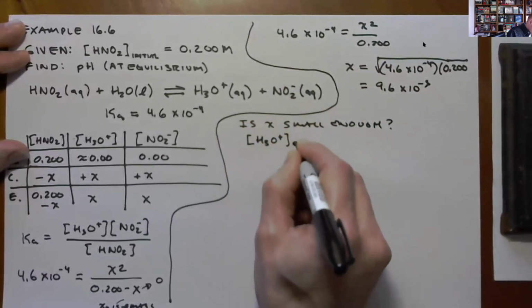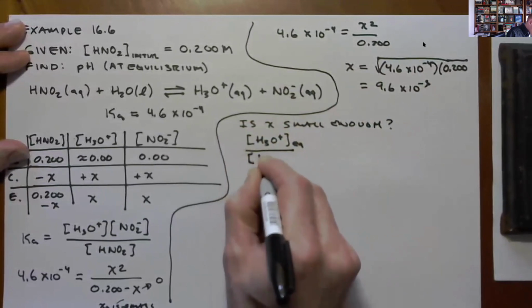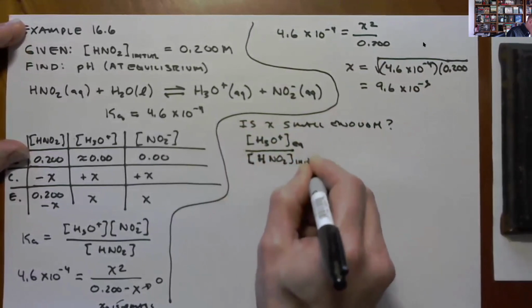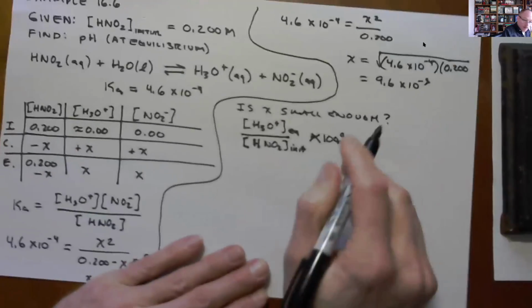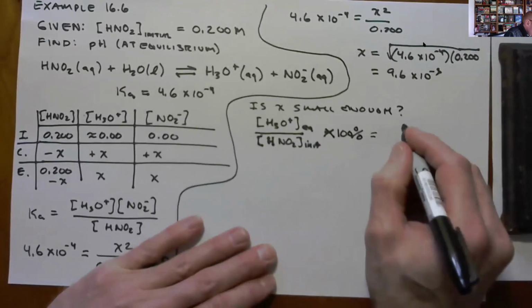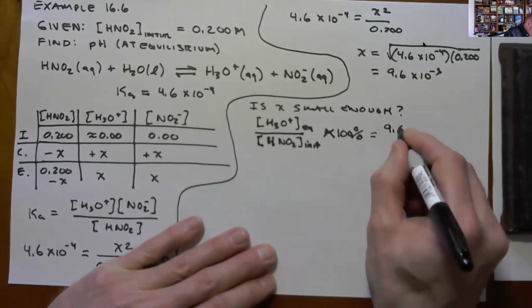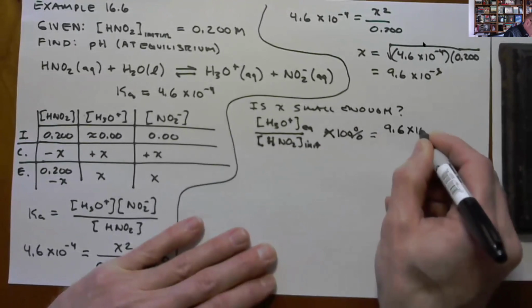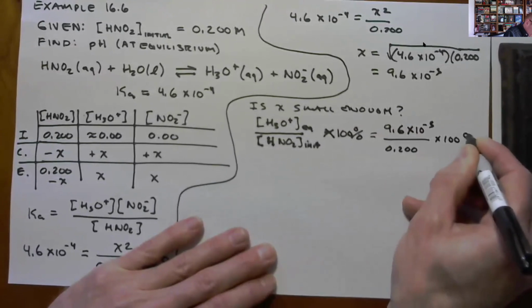This is the equilibrium value of the hydronium divided by the initial value of our weak acid times 100% to make it a proper percent, which in this case equals 9.6 times 10 to the minus 3 over 0.200 times 100%.